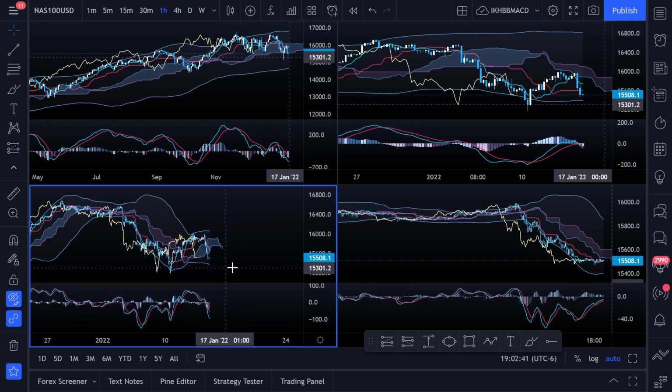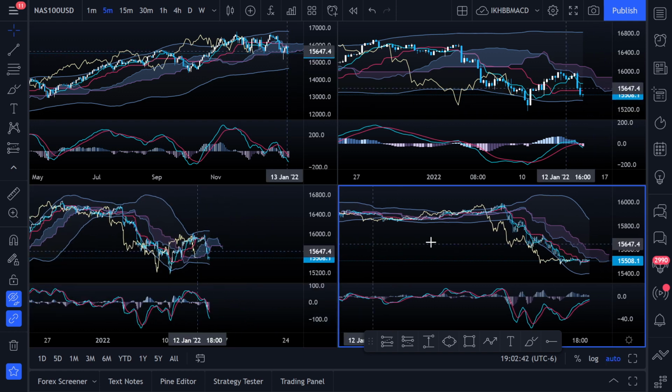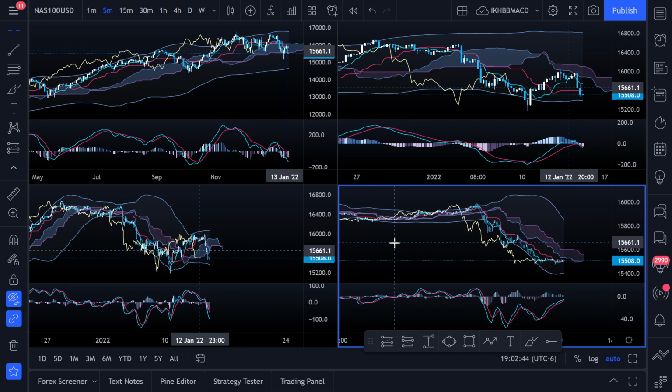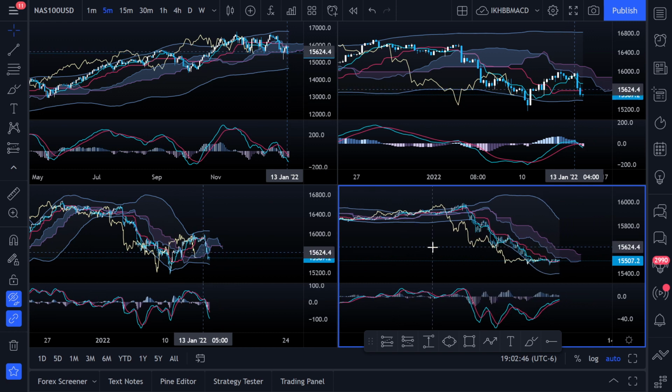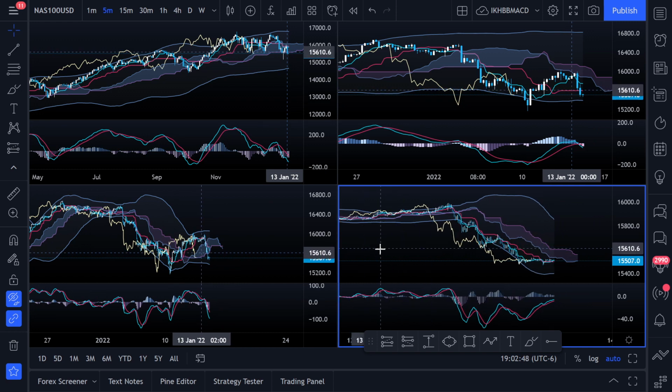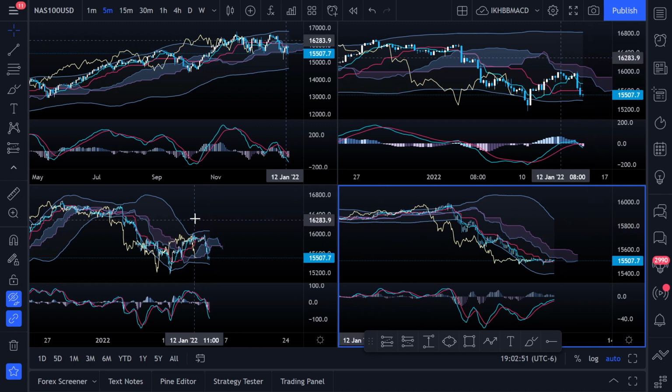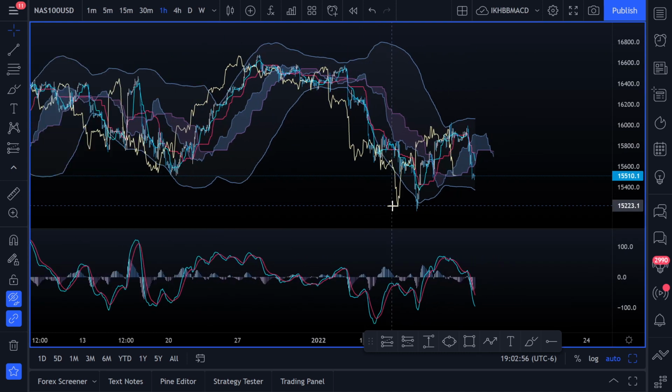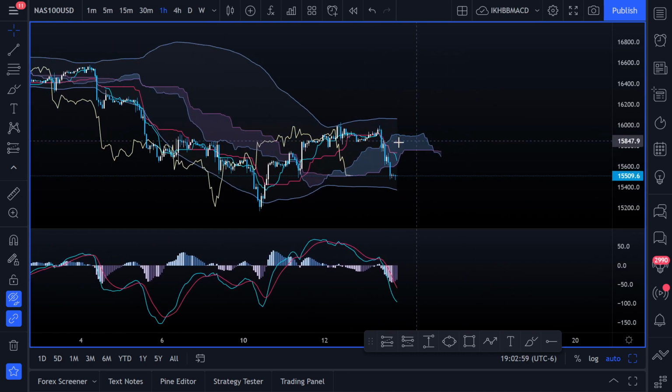Now, let me talk about the context of this short trade I took today. I was looking at the NASDAQ price on the 1 hour time frame. I saw that the price was not able to reach the upper Bollinger Band.